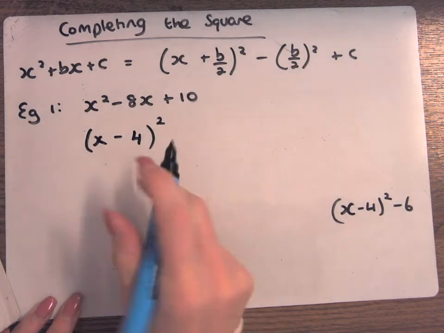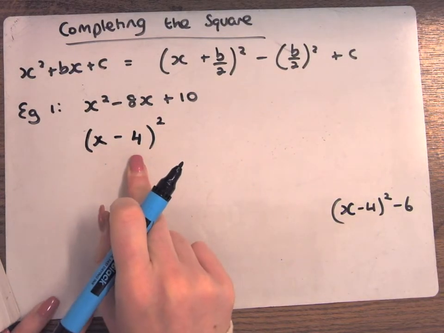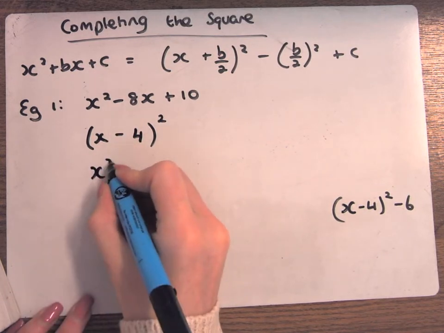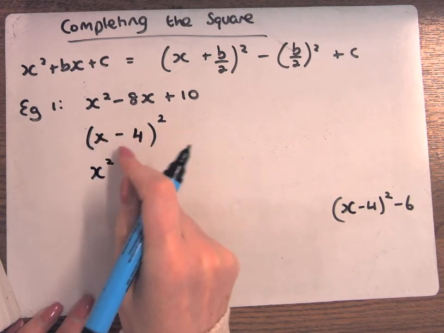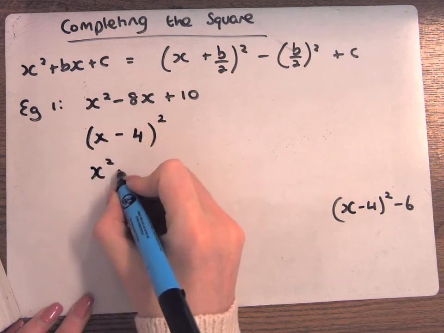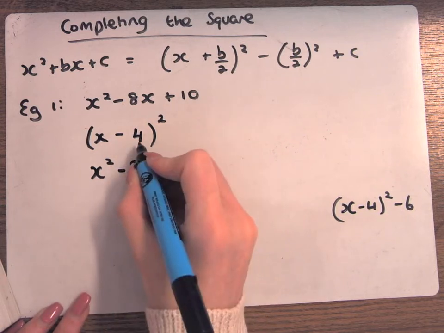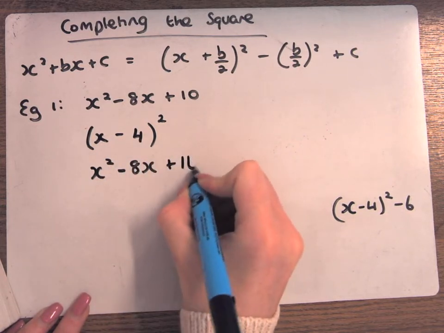Now, if I want it written like this, that means square the first, x squared. Product of the 2 multiplied by 2, minus 8x. Square the last. 4 by 4, 16.